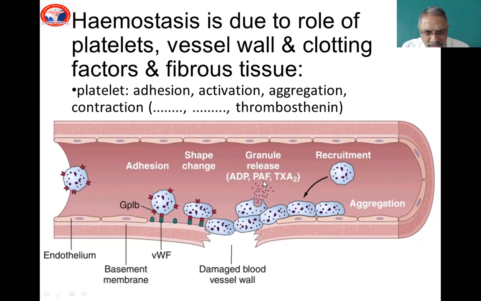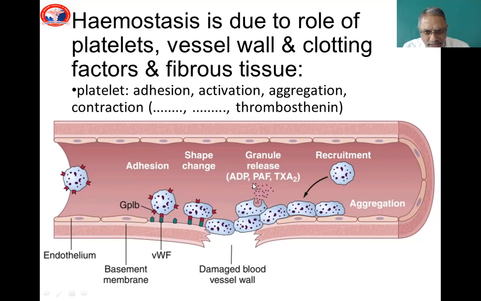So during degranulation, the granules release ADP and platelet activation factor, which involves activation of fibrous tissue to form a permanent platelet plug from a temporary platelet plug.